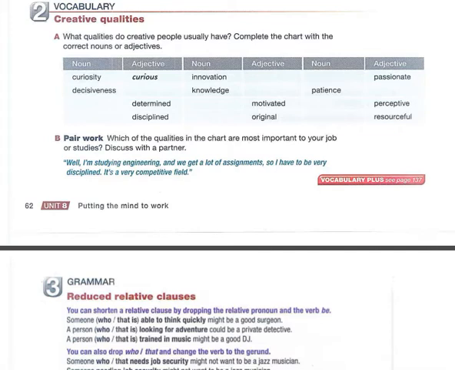But first, before getting to the activity, we will look at some important vocabulary which you have to check on page 137. And we're gonna categorize the next words. So we have: what qualities do creative people usually have? Complete the chart with the correct nouns or adjectives.